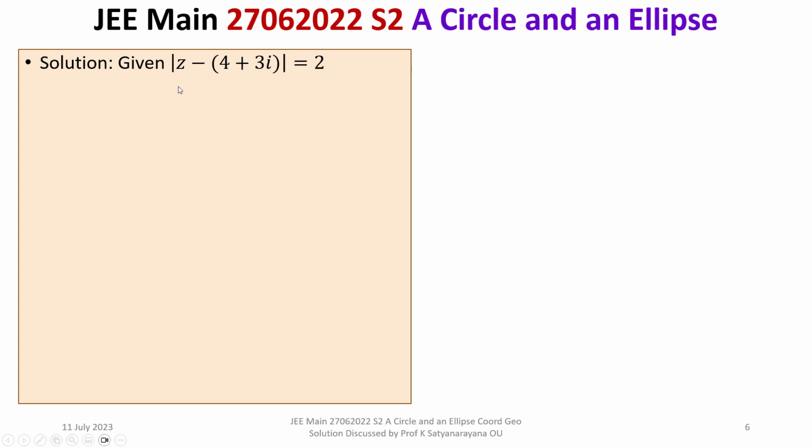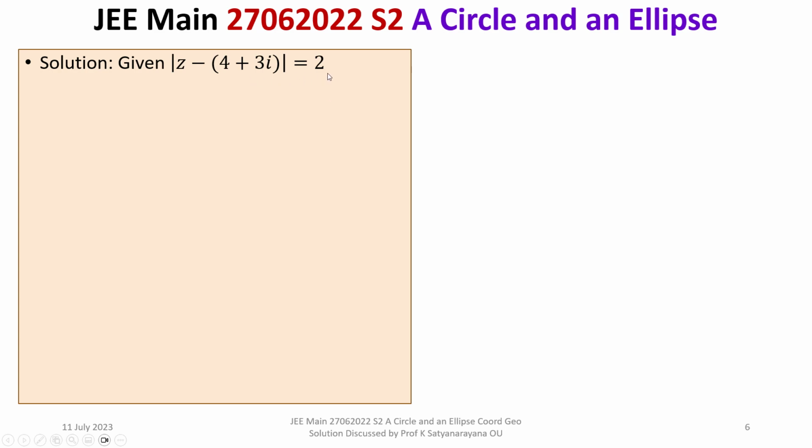We are given modulus of z minus (4 plus 3i) is equal to 2. Recall, modulus of z minus z1 is equal to r, where r is greater than 0, represents a circle with the center at z1 and radius r.